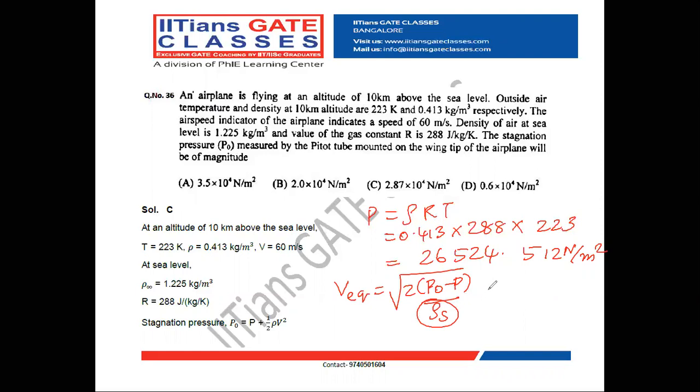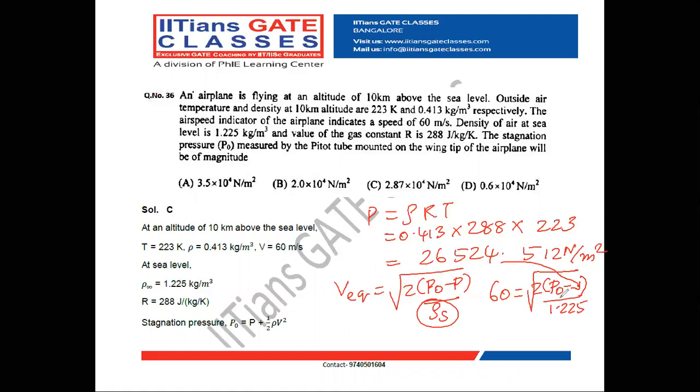So 60 equals root of 2 into P naught minus P, where we substitute the value we already got, divided by rho S, which is 1.225 kilogram per meter cube.